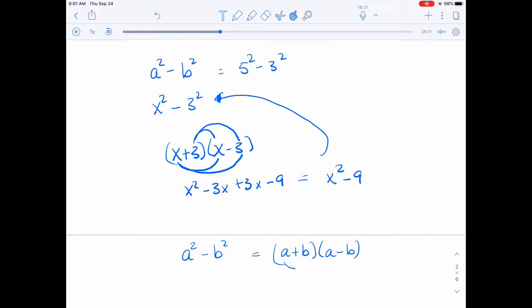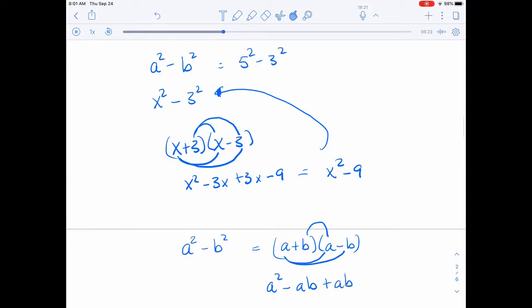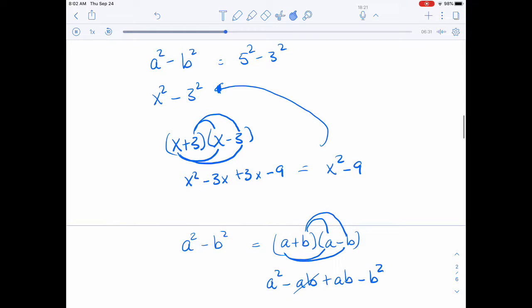So we'd have a times a, which is a squared, a times a negative b, which is a negative ab, b times a, which is a positive ab, and b times a negative b, which is a negative b squared. Simplifying this expression, our two middle terms cancel each other out, and we're left with a squared minus b squared.